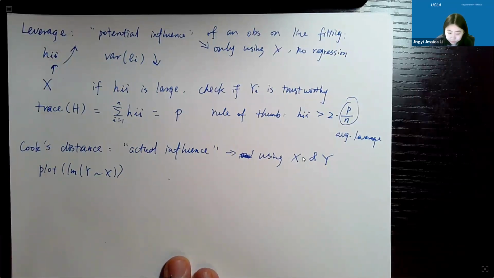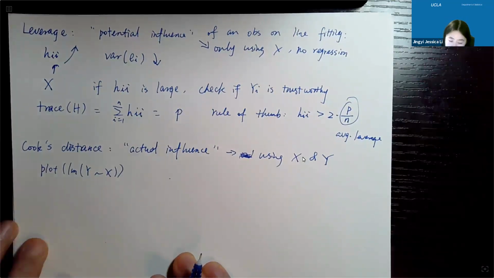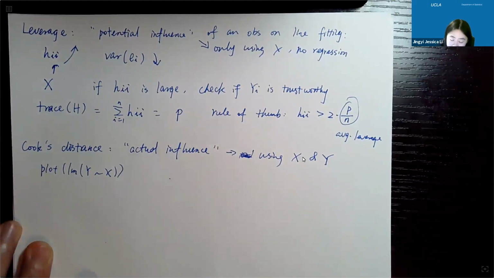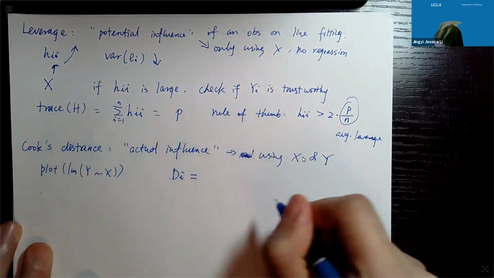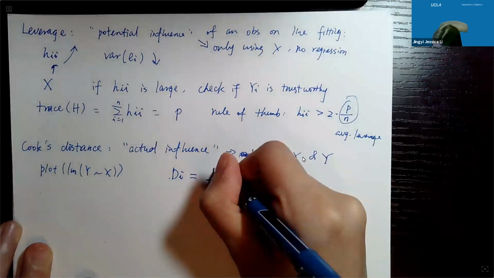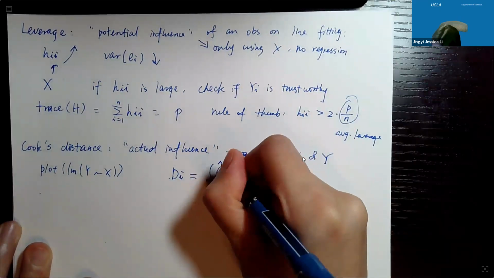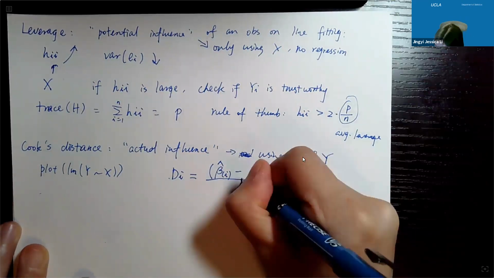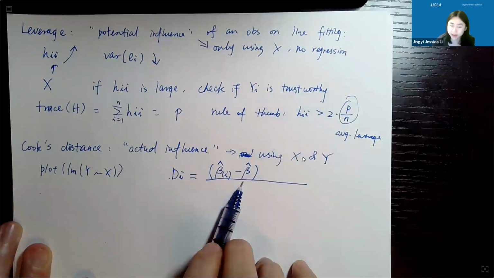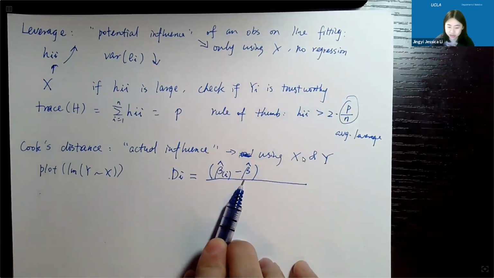Okay, so for Cook's distance, it's defined as this. You can think of it as the change in your parameter estimation. Let me write down this first. It's defined as D_i, which is written as beta hat (i), which means you excluded i from the estimation, minus beta hat. This is what you have by including all the observations in the estimation.